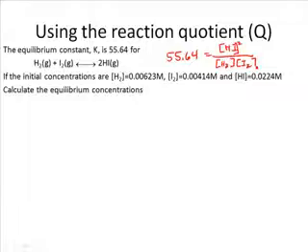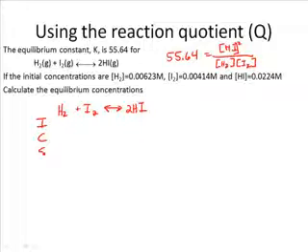Okay, and so let's rewrite it. 0.00623 and 0.00414 for the iodine, and this time we have a value for the product as well. So here we have initial values for everything. So there is no intuitive way to know which way this is going to shift.